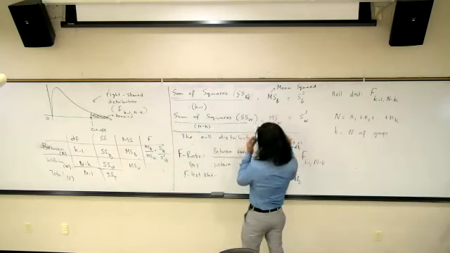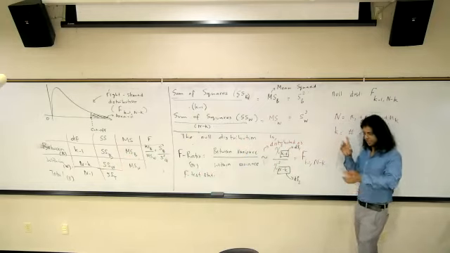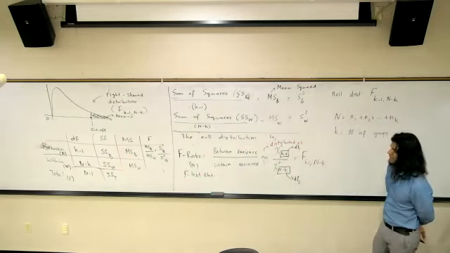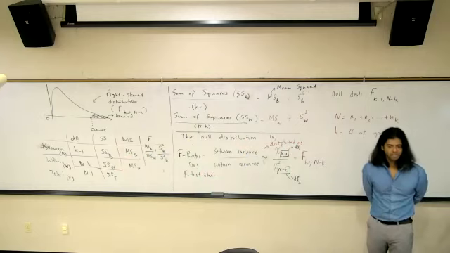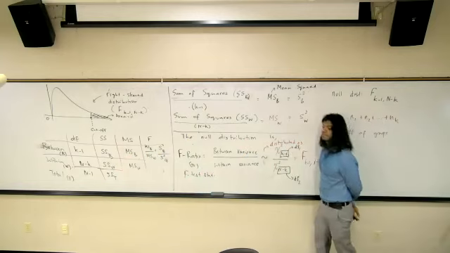I erased the example I had. So in that example, let's say I rejected the null. All assumptions were validated, and I rejected the null.